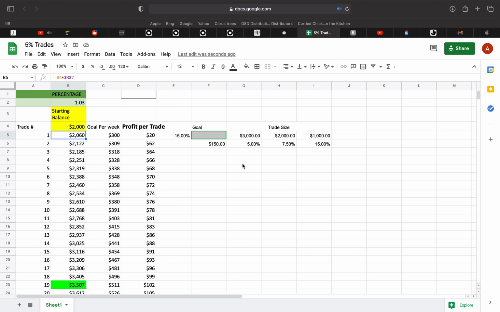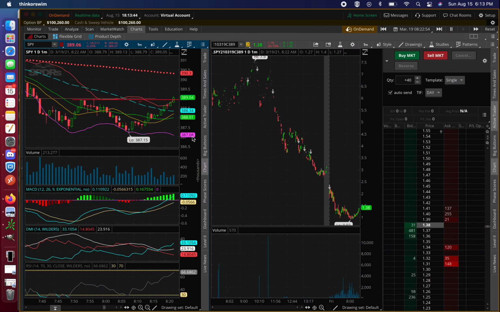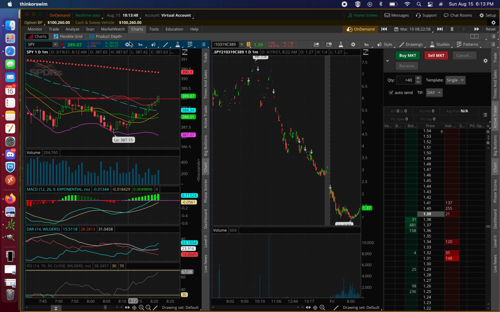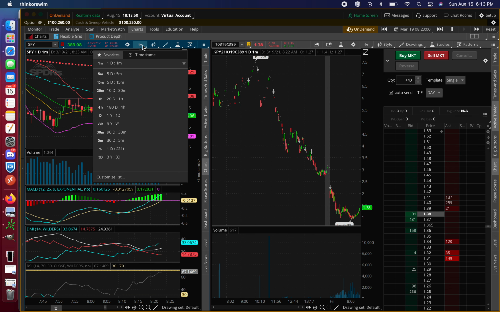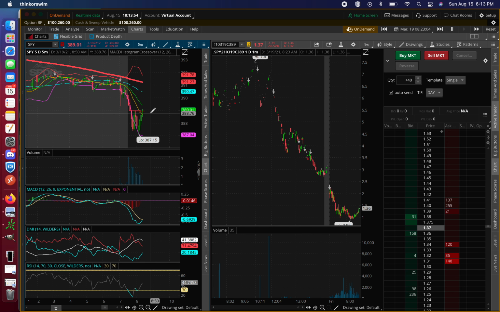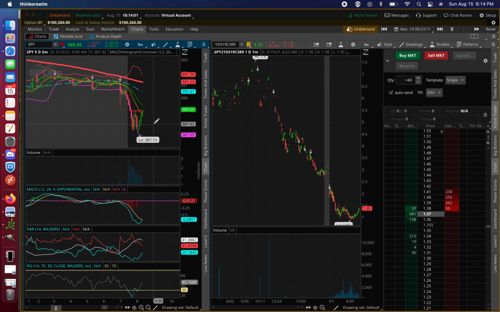So lowering your expected move size, lowering your trade size, and trading in the MACD direction, in the 1 minute MACD direction, as well as paying attention to the 5 minute MACD. Pay attention to those.